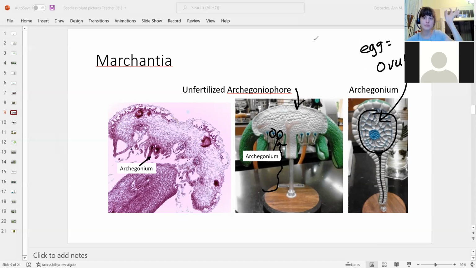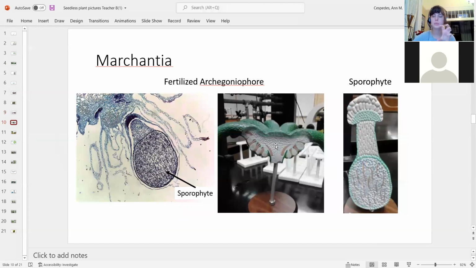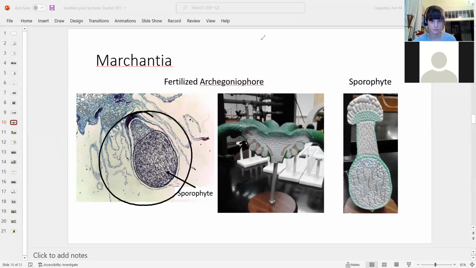Once the egg or the ovule gets fertilized, then it becomes the sporophyte. The sporophyte doesn't go anywhere else. The egg and sperm don't leave. Fertilization happens and it grows into this little light bulb structure here. And that's our sporophyte. So underneath here are all these little sporophytes.